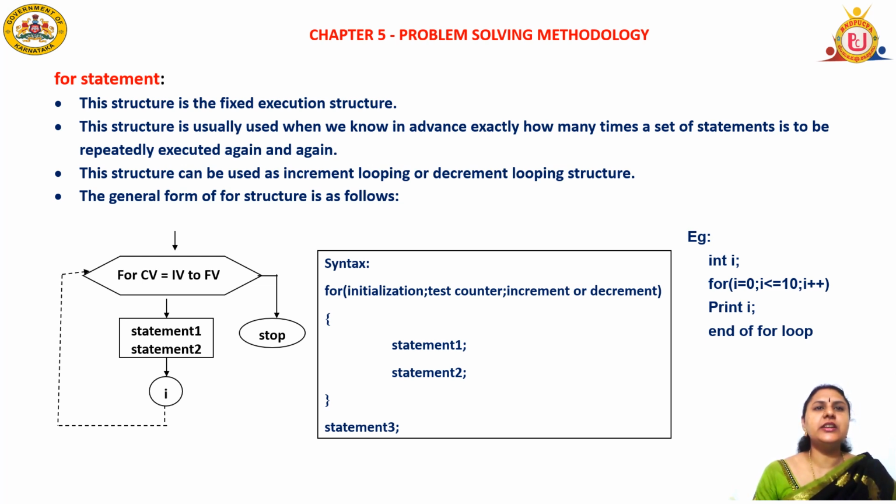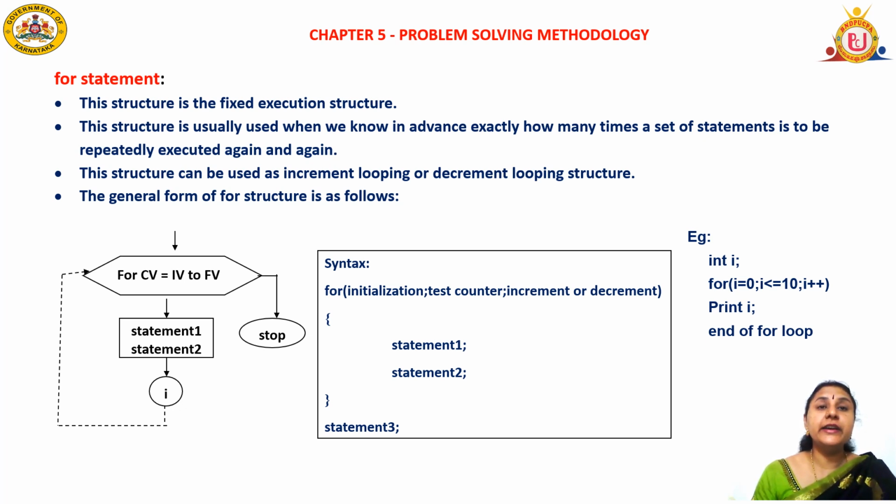This structure is the fixed looping construct. This structure is usually used when we know in advance exactly how many times a set of statements has to be executed or repeated again and again. So this structure can be used as incrementing or decrementing the looping structure.